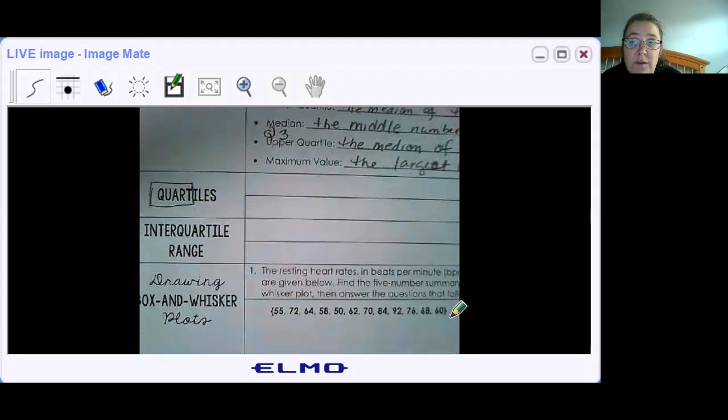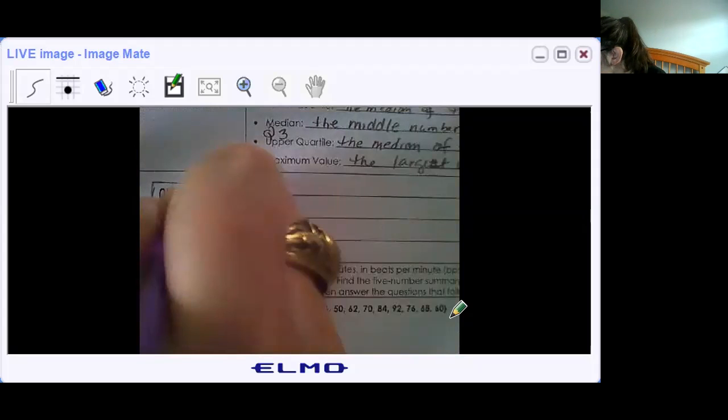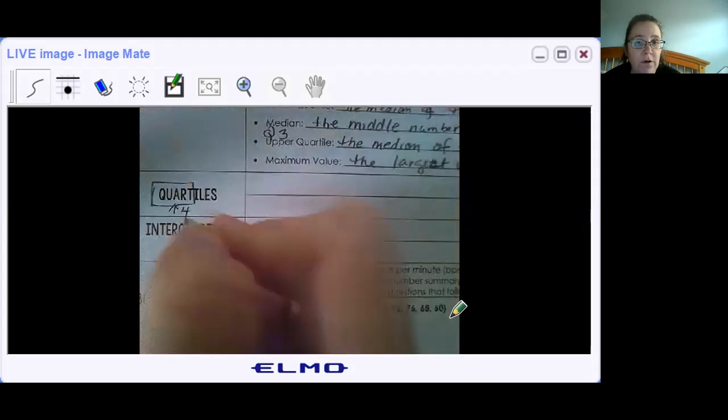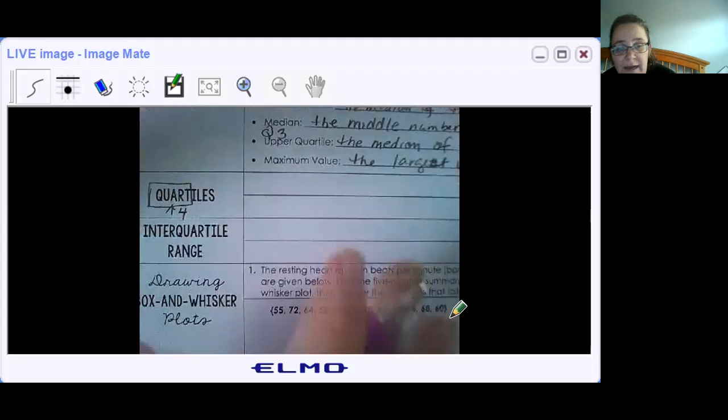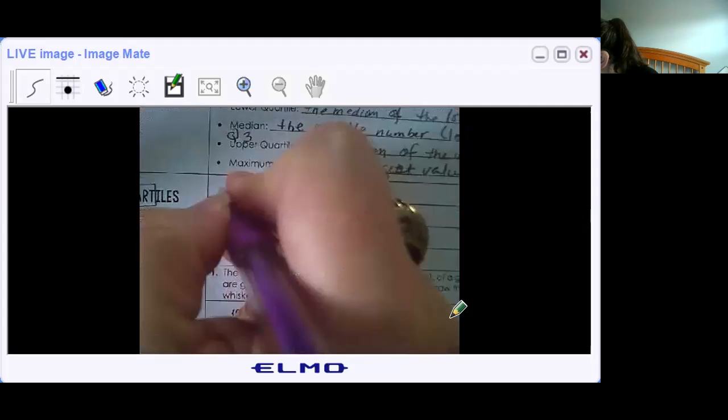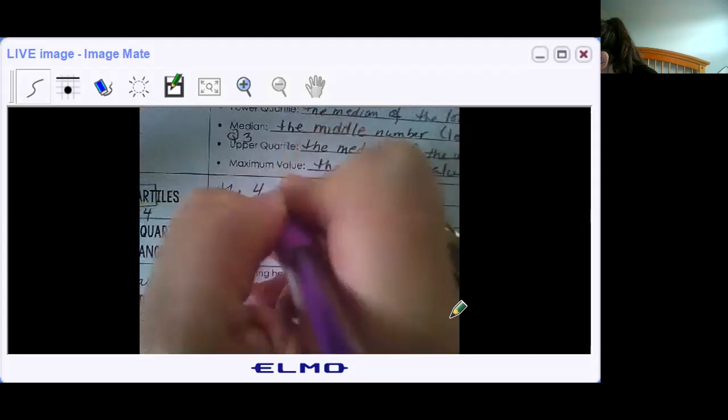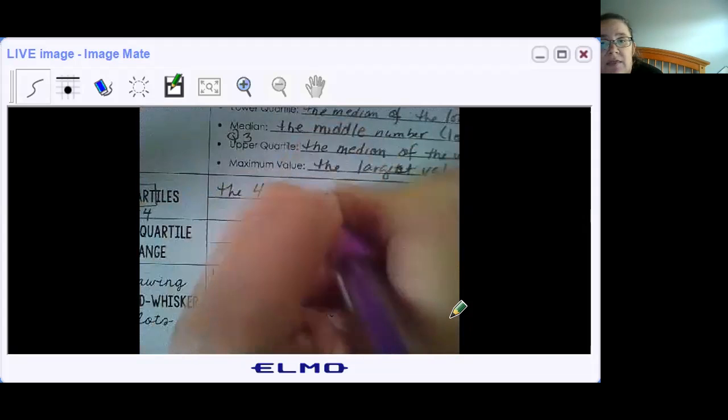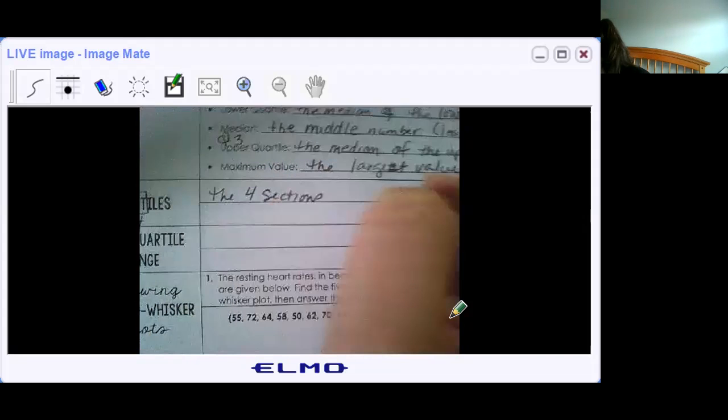What's another word that starts with quart? What about quarter? This quart is our prefix for the number 4. Quartiles are the 4 sections that make up a box plot.